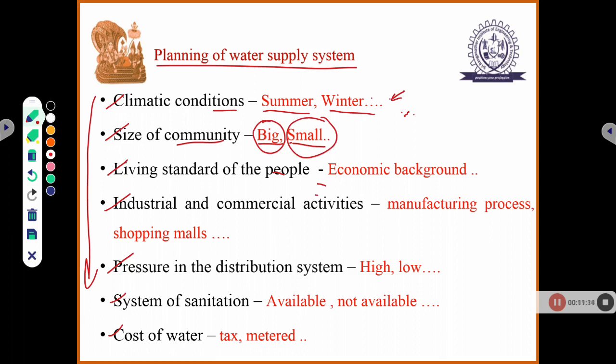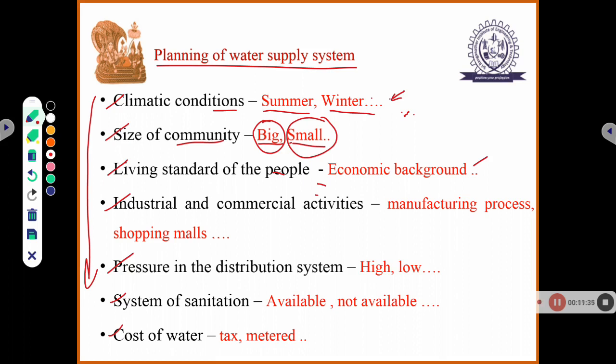The living standard of the people. According to the economic background of the people, the requirement of water will vary. For example, a wealthy family with a good economic background uses a bathtub for bathing, a swimming pool, and an air cooler.